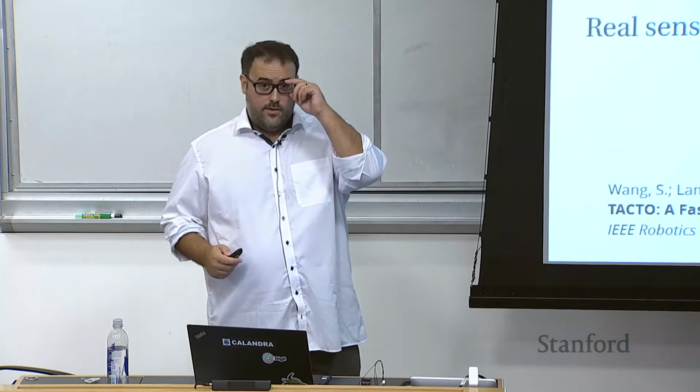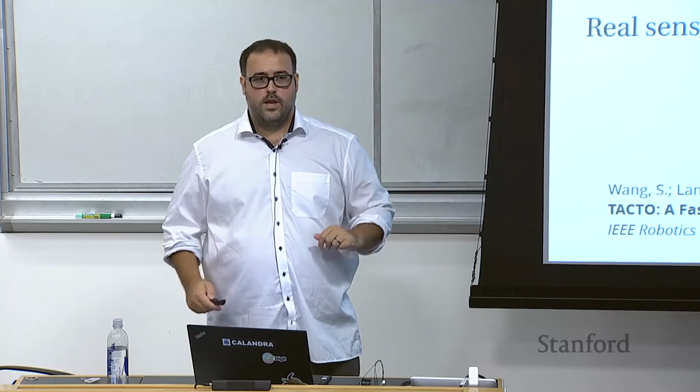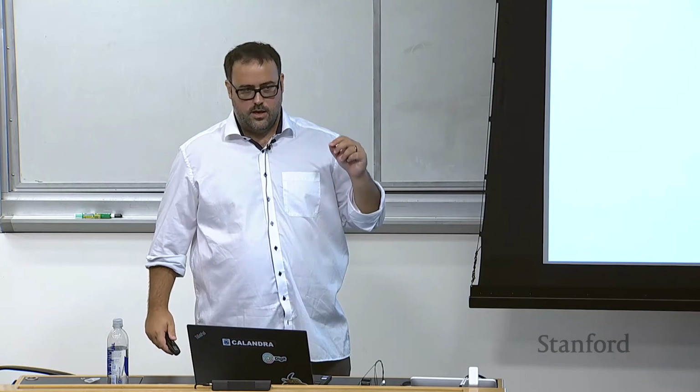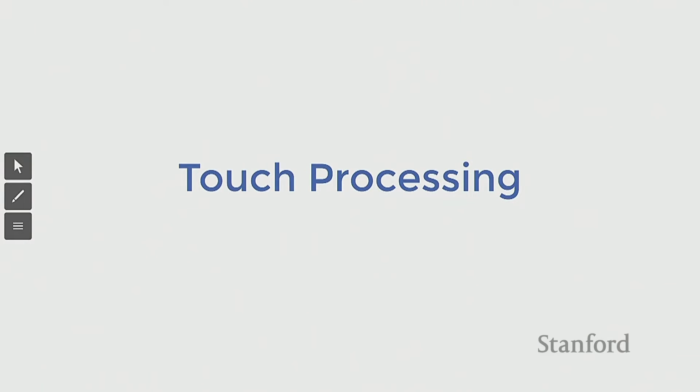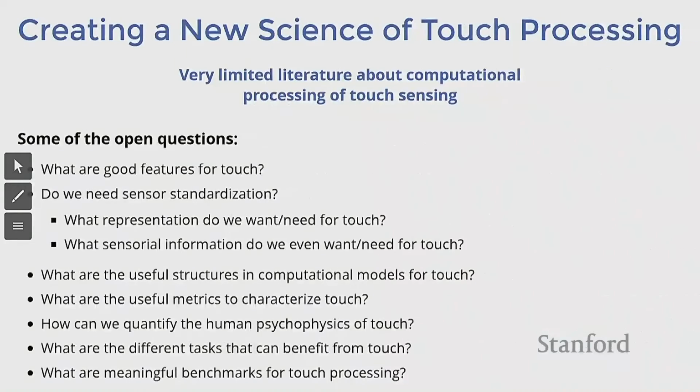So once we have the hardware and we have a way of simulating this hardware, what we care about is processing. How do we make sense of all of these images? How do we make sense of this huge amount of data that we are getting from our sensor? And this is a very tricky problem. And this is, I believe, the crucial point that will differentiate the efforts going on nowadays in tactile sensing compared to the past.